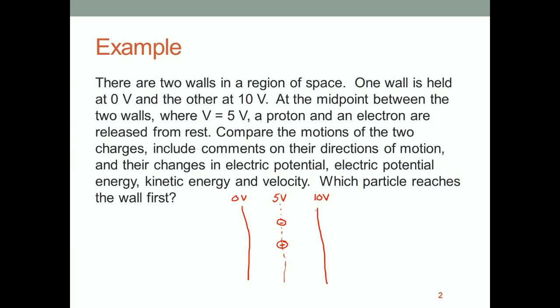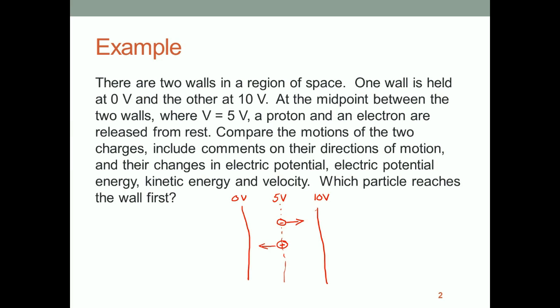Therefore, the higher voltage region is where the electron is going to want to move, because it is moving towards where positive charges would be. The proton is going to want to move away from the positive charges and toward the negative, therefore it's going to want to move to the 0 volt wall. So compare their directions of motions. The motions are opposite directions.